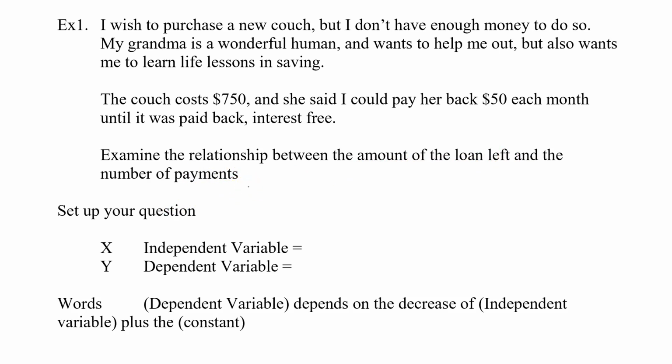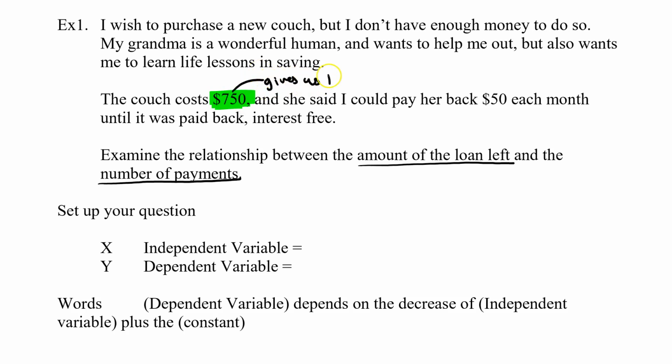So, we know that we have the amount of loan left, and we have the number of payments. Just like with indirect, we have a little cheat. When we look at the initial value, it always gives us the units of the dependent variable.